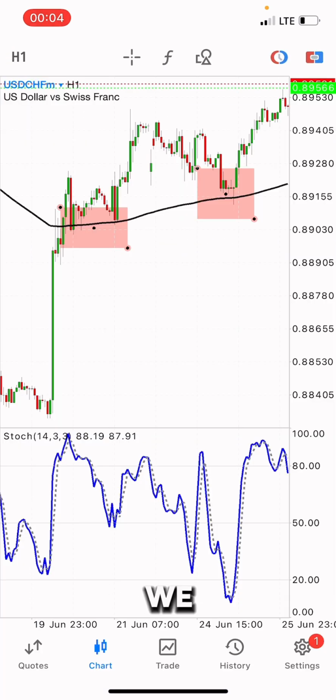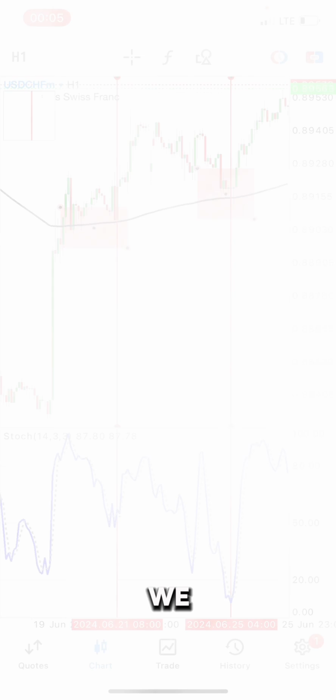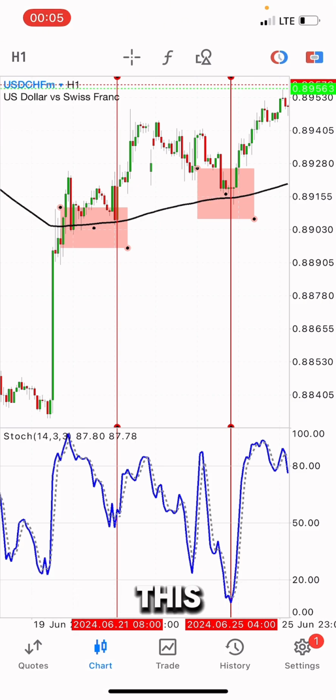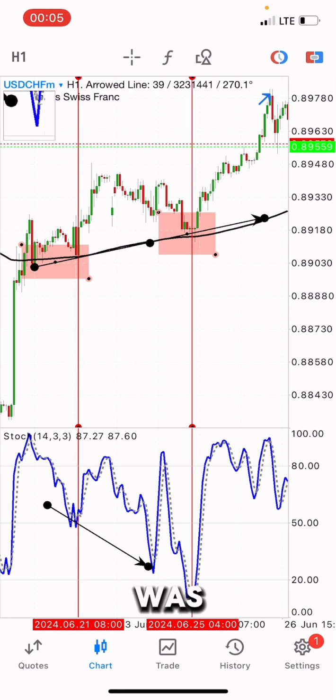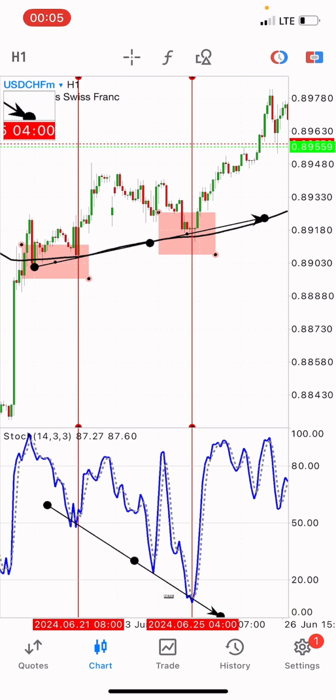So when we take it down to our stochastic oscillator, when we trace it down, what do we see? This is what we are having, and we now use an arrow or a trend line to connect the two lows. Price was going in an uptrend here and price was going in a downtrend here.